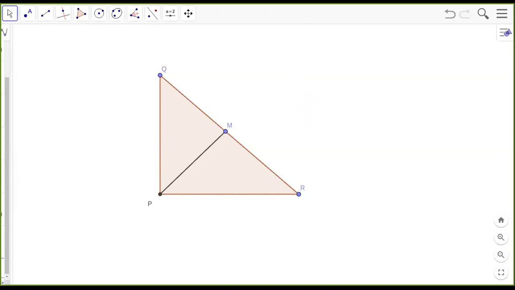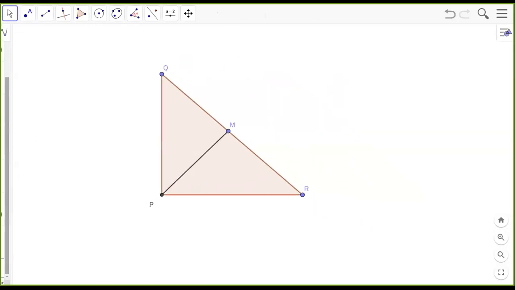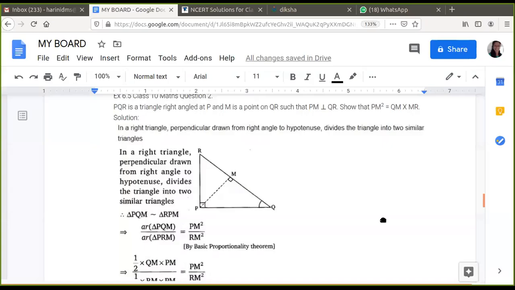So you have the GeoGebra applet open, is it? This is what you're seeing? PQR triangle? Yes, ma'am. Okay, just a minute. I thought I had shared it with you. It is on the screen share only. Now also you're not seeing my page? No, ma'am. Okay. I'll stop share and come back. Just come back. There is a problem. Now can you see it? Yes, ma'am. Okay, good.